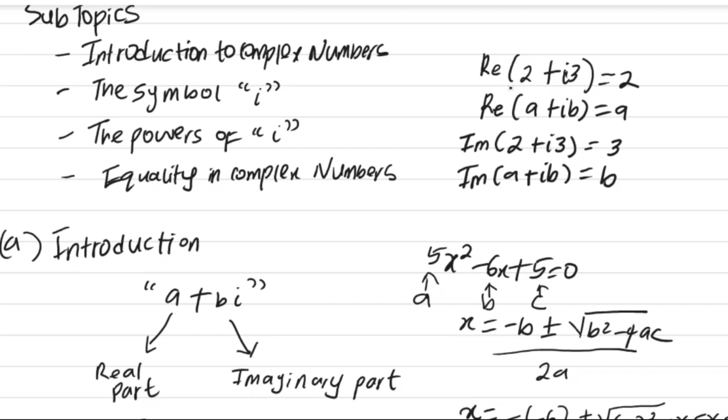In this particular tutorial, I'm going to talk about addition and subtraction. Multiplication and division we will commence in the next tutorial video. After discussing addition and subtraction, I'll talk about equality in complex numbers. Let me first discuss addition and subtraction.